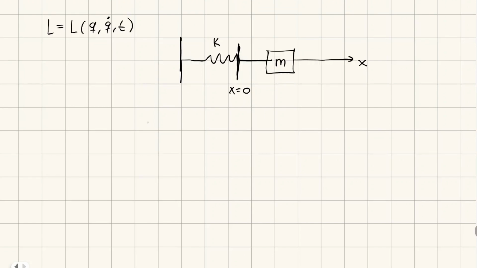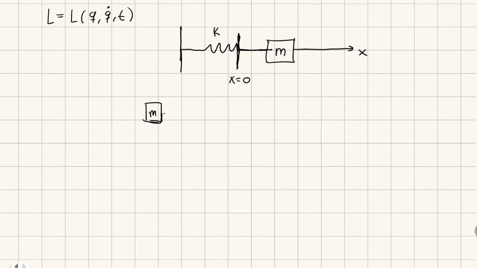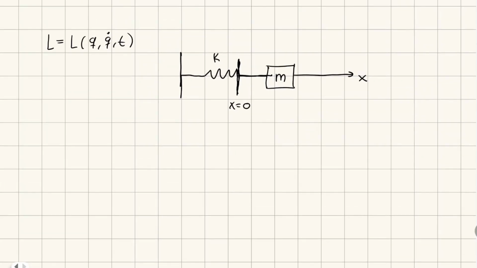For example, if the block is moving to the right, then the damping force is going to be pointing to the left, and if the block is moving to the left, the damping force will be pointing to the right. That is because there is an air resistance. We could have other examples where the damping force is generated by other reasons.